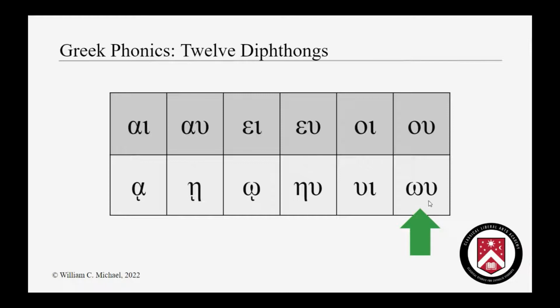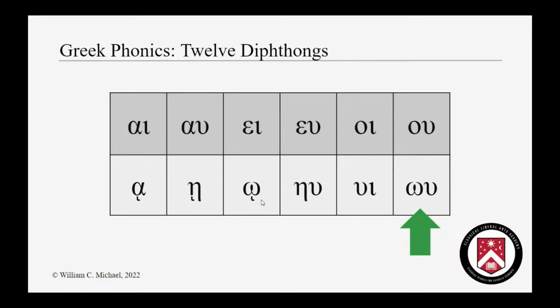The sound of the omega, o, with the sound of the upsilon added at the end. O. You can see that that's a difficult pair of sounds to read together, and it's not pleasant to listen to. Again, that's why these last three are called improper diphthongs.